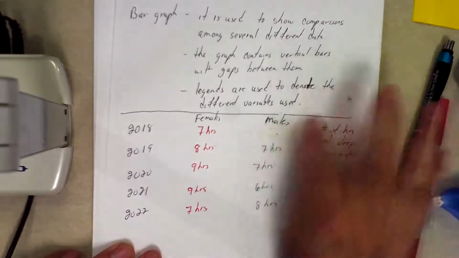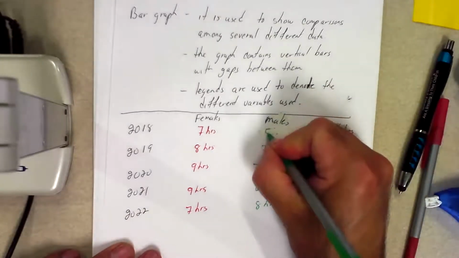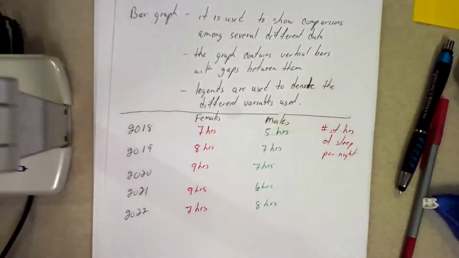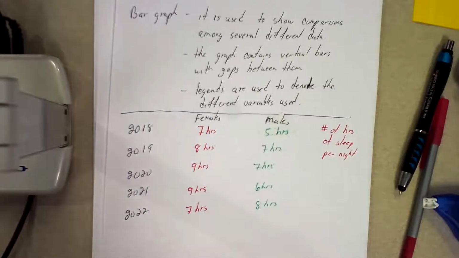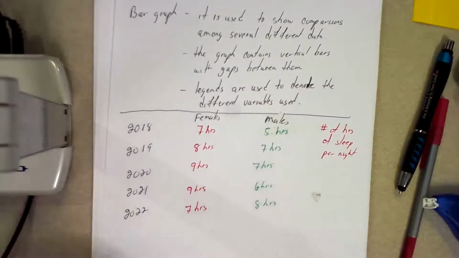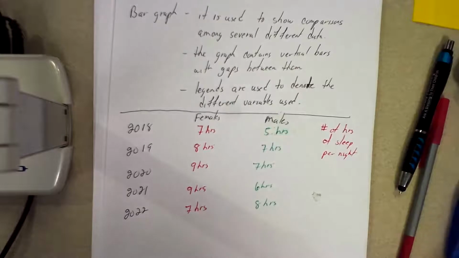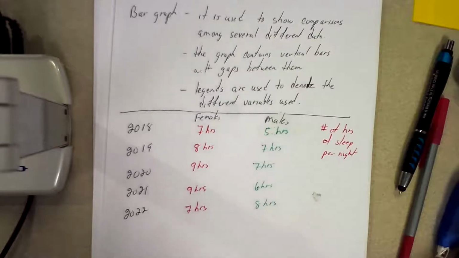Let me write this better, a little bit more clear. Right. And so I want to create a bar graph based off our data of the number of hours of sleep per night. All right, so I drew this by hand. Of course, I'm going to show you how to do it by hand, and I'll also show you how to do it through Excel.